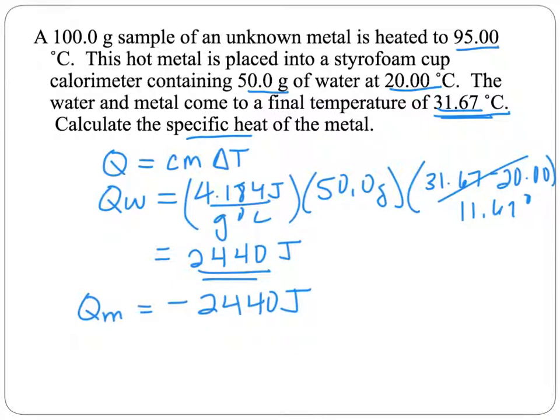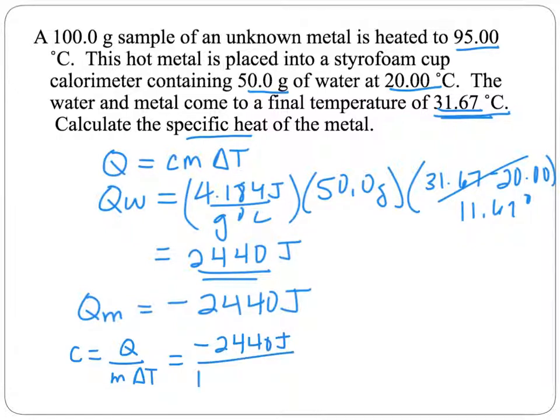So let's start by rearranging our equation so that we can calculate specific heat. The specific heat is going to equal our heat change divided by the mass times the temperature change. And then plug in our Q for our metal, a negative 2,440 joules.